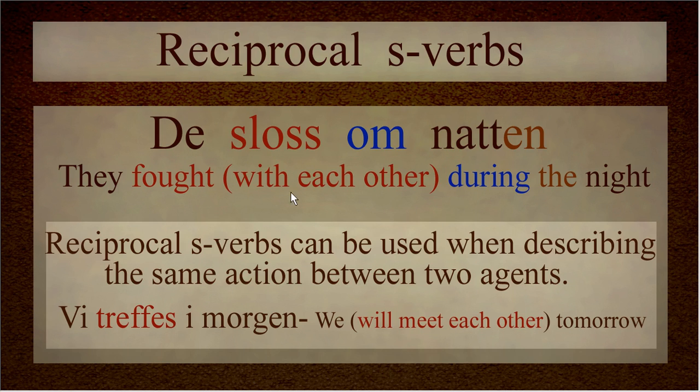Reciprocal S-verbs are when you have two different people or two different agents, two different things that are involved with the same verb at the same time with each other. And so instead of saying they fought with each other during the night, you just say de slåss om natten. And wow, that's so much easier to say.